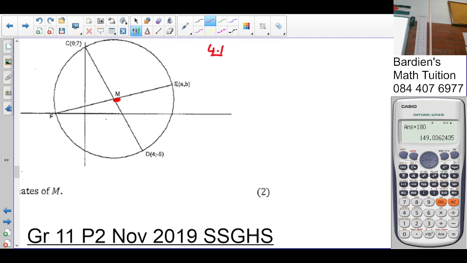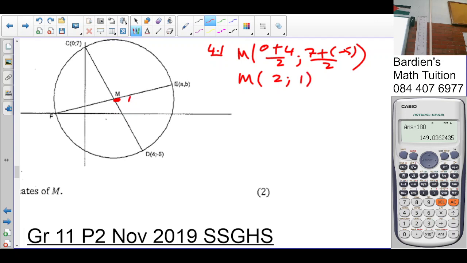We have 2 points, so we can work out the center, M. So x1 plus x2 over 2, so 0 plus 4 over 2, and 7 plus minus 5 over 2. So M works out to be 4 over 2, which is 2, and 2 over 2, which is 1. Okay? So it's 2 and 1 there. Alright. 4.2.